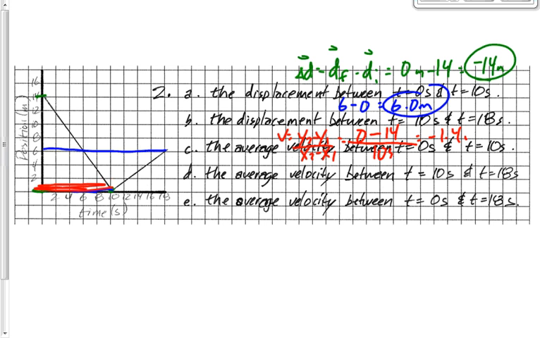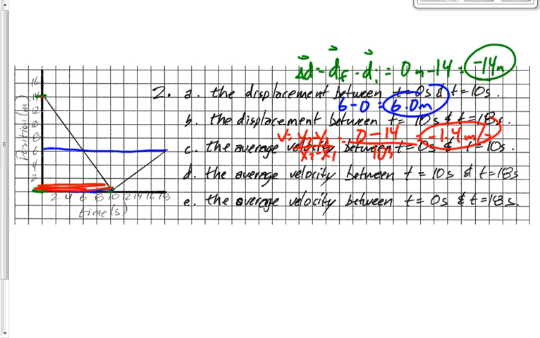Who got that one? Negative 1.4 meters per second. Good. Who said negative? Who said positive? Anybody say positive 1.4? Okay, just be careful about that. And that's a really, really easy mistake to make. We've all made it, and we'll probably all make it again. Just be conscious of it. If it's sloping downward, final minus initial, the final is lower than the initial, so it's got to end up being a negative value.